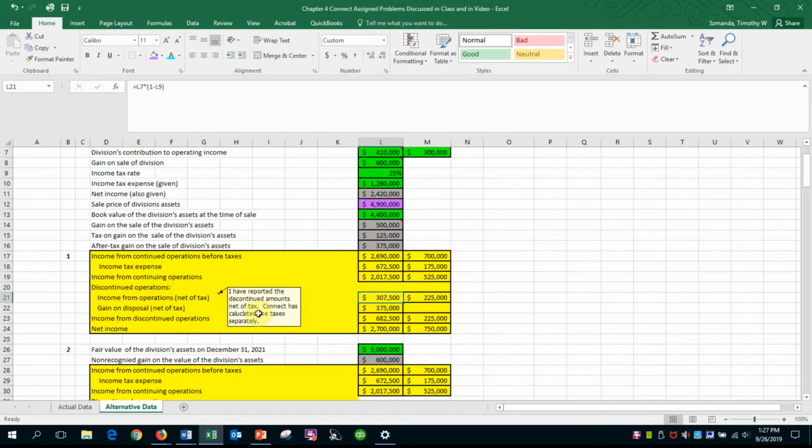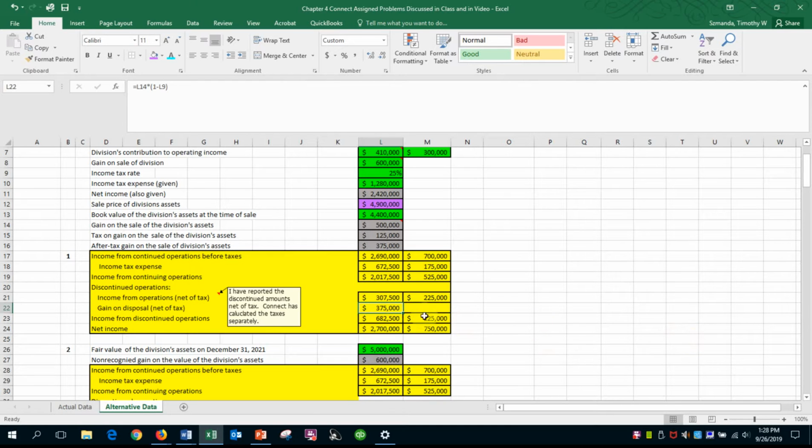And then when I get down to the gain on disposal, that's also reported net of tax, as we talked about in class and in the videos that were provided in Connect. So we had a gain of $600,000, and 75% of $600,000 is the $375,000, or $600,000 times 1 minus the tax rate of 25%.